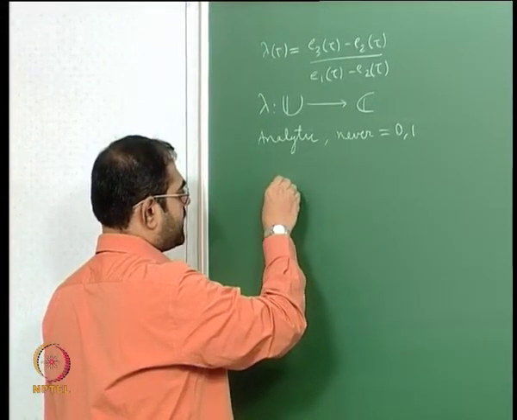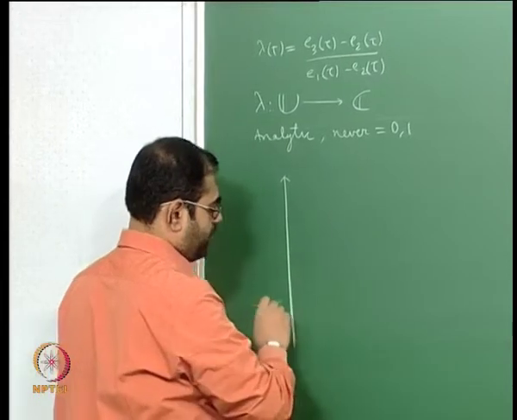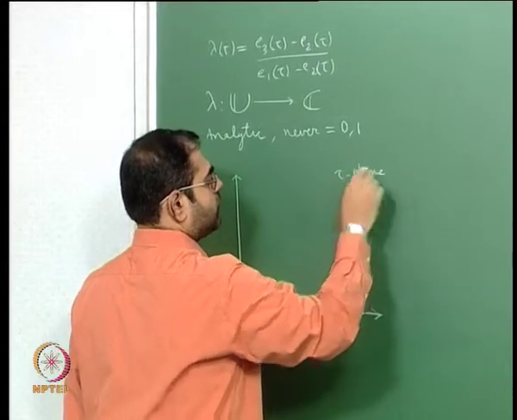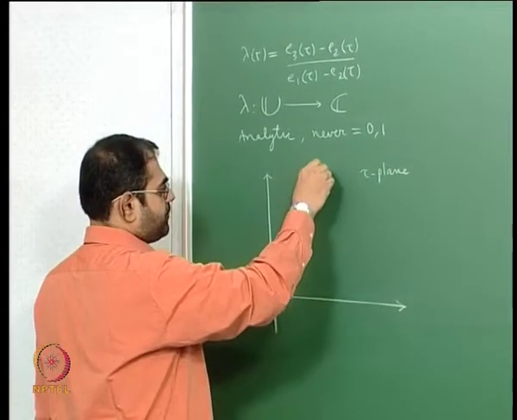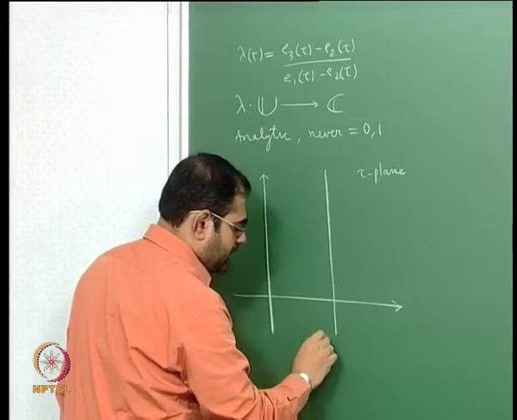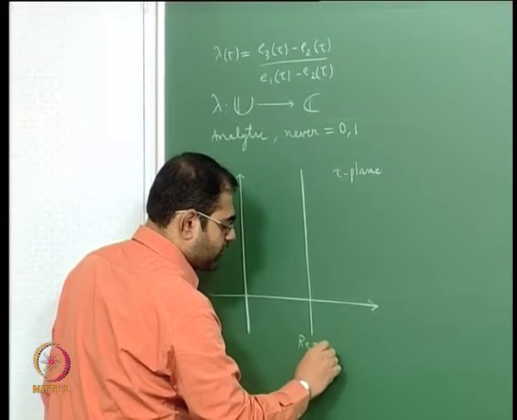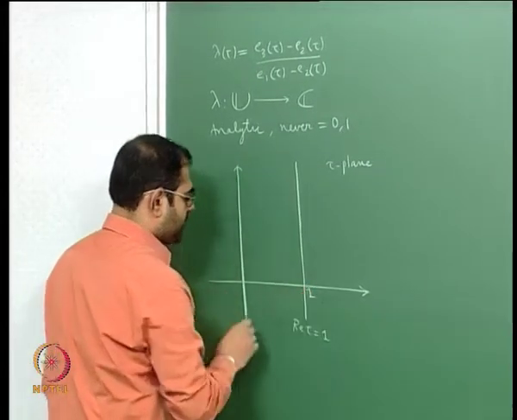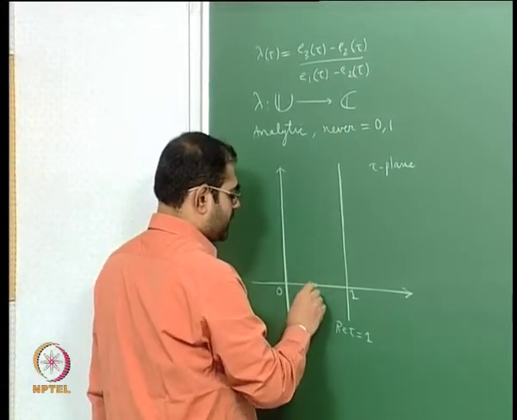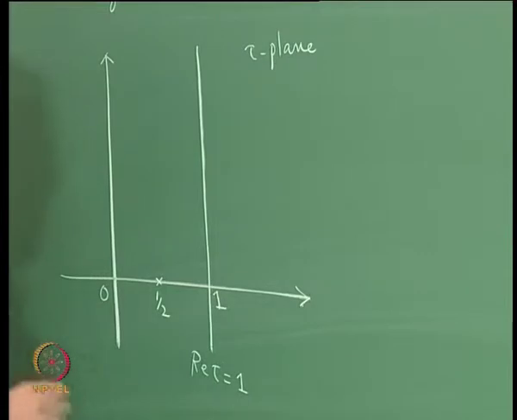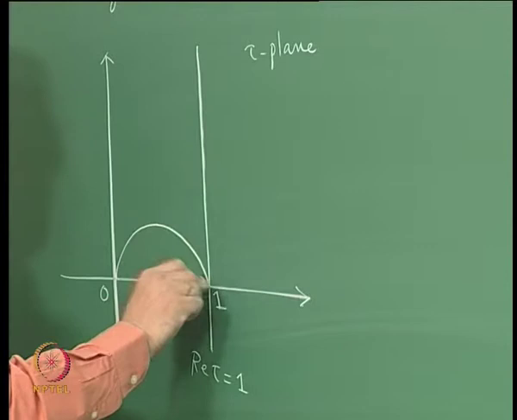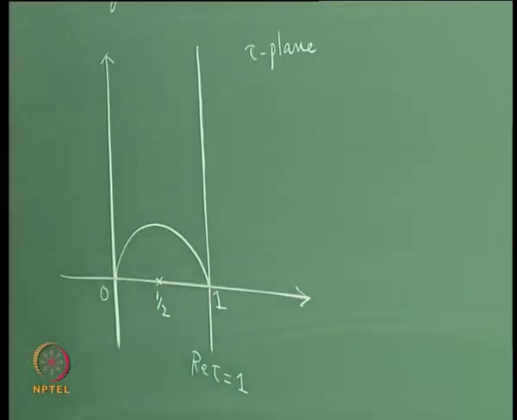if we take the following region in the tau plane, this is the tau plane, we take this line segment which is given by real part of tau is equal to 1. So this is the point 1, this is the origin, and then we take this point given by half and consider the semicircle centered at the point half and radius half.